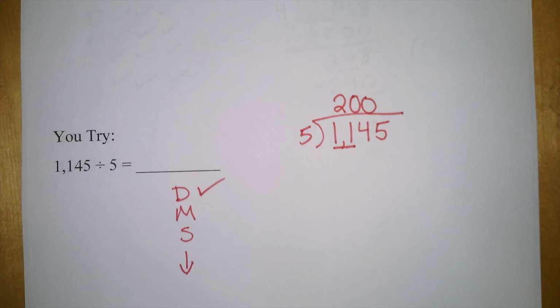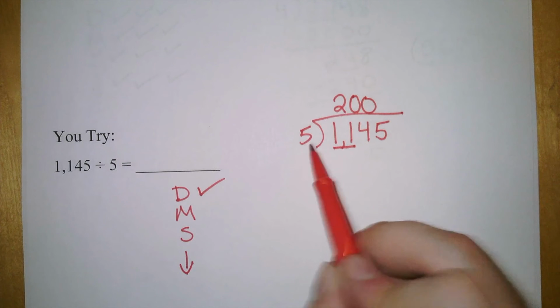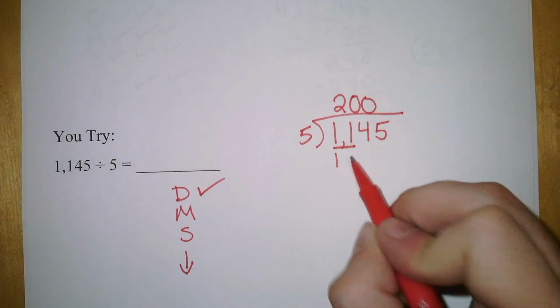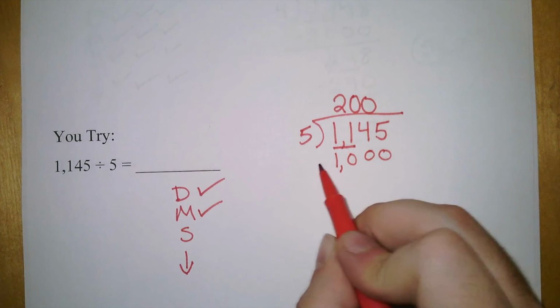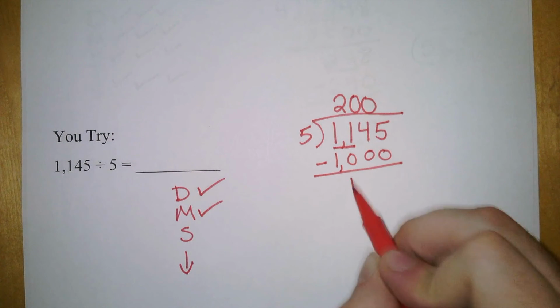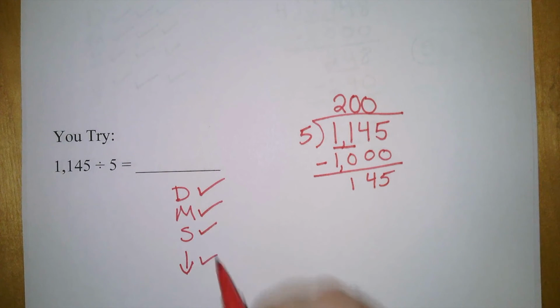Divide. Done. Let's multiply. 200 times 5 is going to be 1,000. Multiplied. Let's subtract. Now I'm left with 145. Okay. Subtract and bring down. Done.